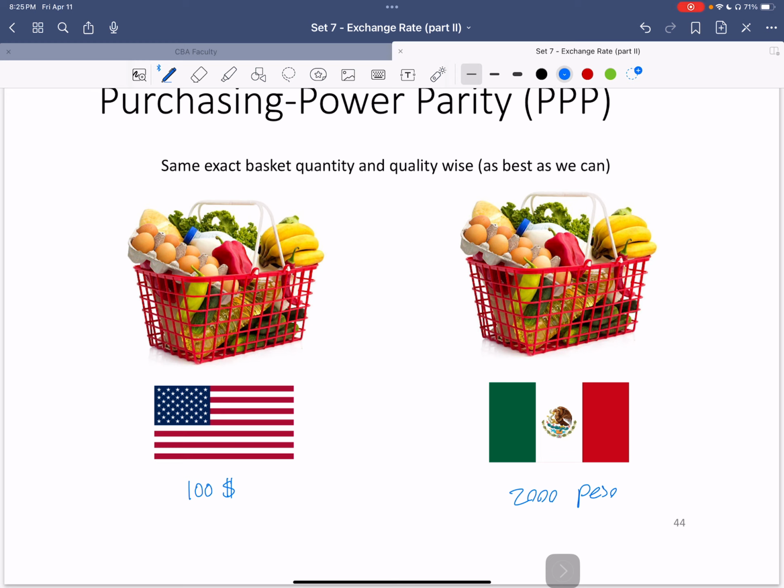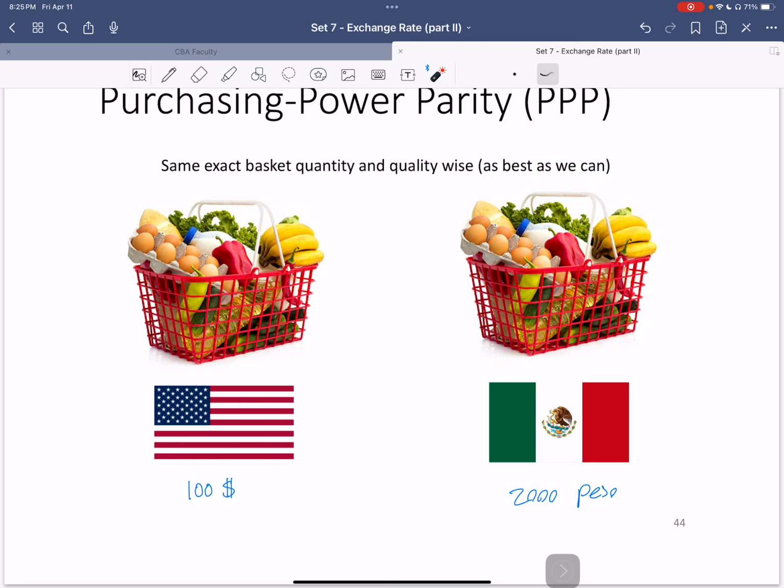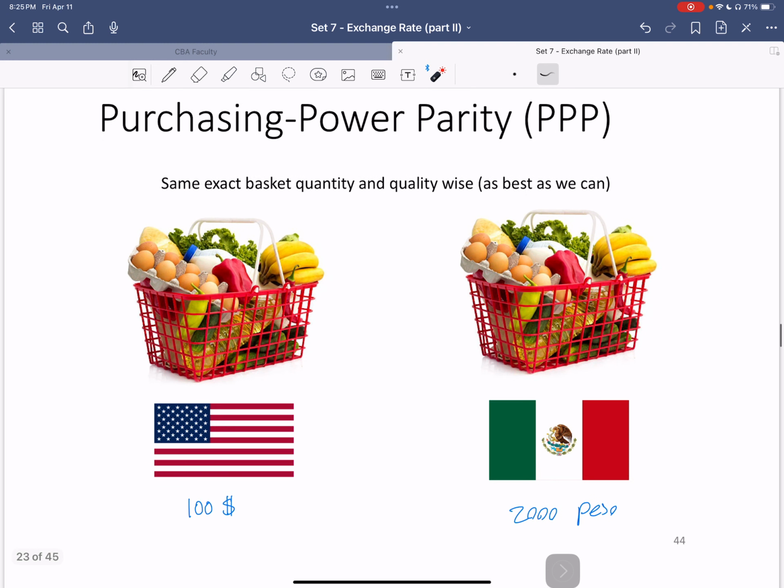If I want to buy this basket in the US, it's gonna be worth $100. If I buy the same basket in Mexico, that is gonna be exactly the same $100, but in terms of pesos. This is what the purchasing power parity says.